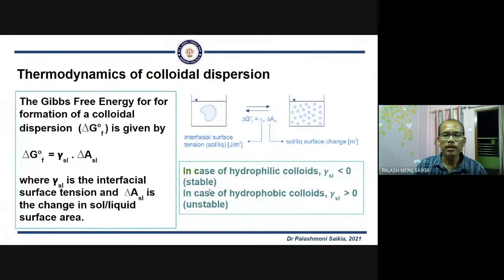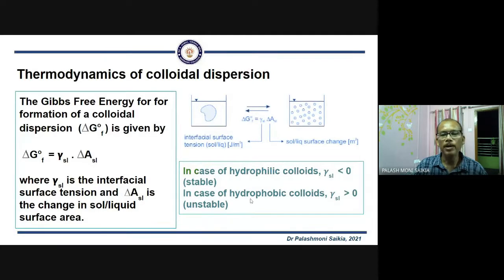Now if you see, in case of hydrophilic colloids, this interfacial surface tension is negative, very less. So del Z naught is negative, and it is a highly stable state which is thermodynamically feasible.